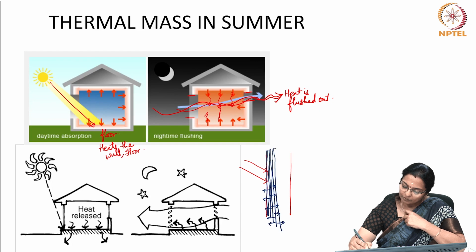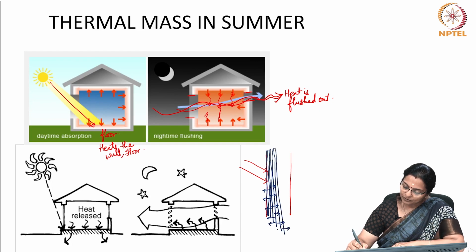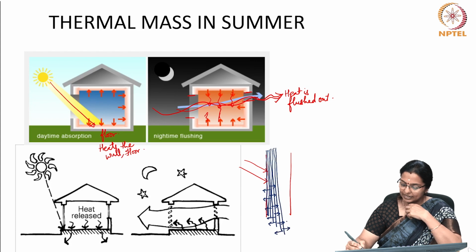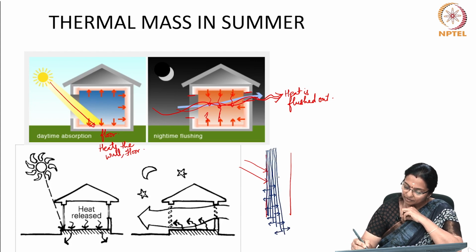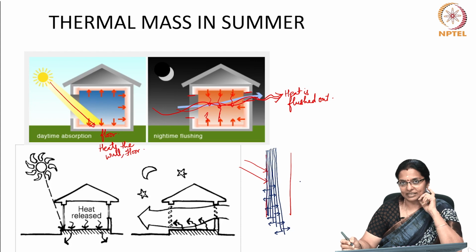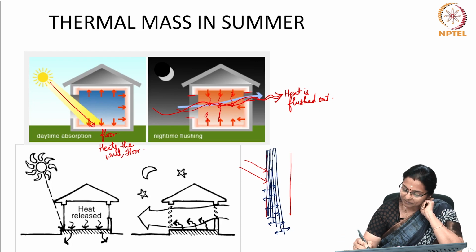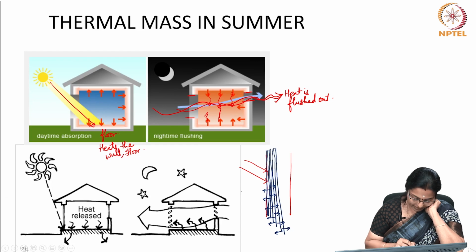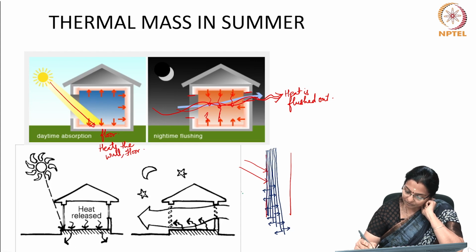Now, again this layer transfers the heat on either side. For example, supposing by then the evening happens. What happens? This layer gets cooled. Let me indicate it with a green layer. This layer gets cooled.